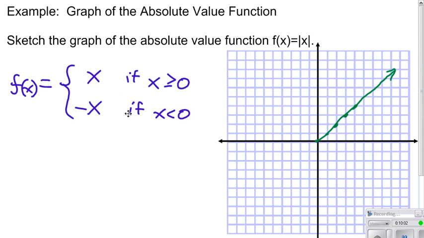Now when we plug in a negative, plug in -1, we would get 1. Plug in -2, we would get 2. Plug in -3, we get 3, and so on. So the absolute value function looks like a V.